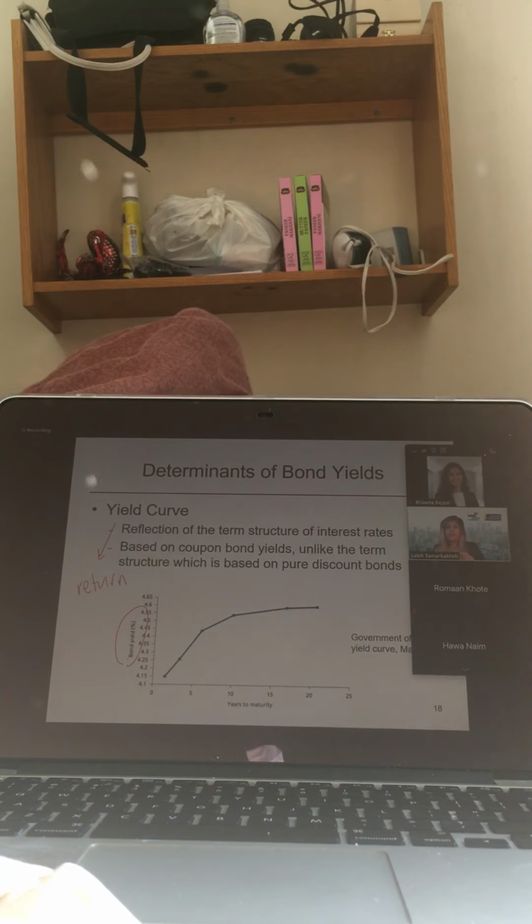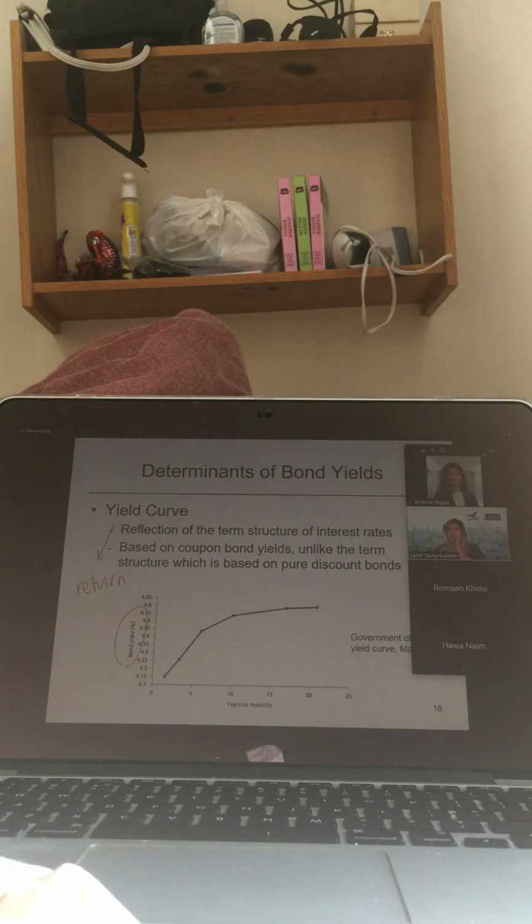Larger return. And that's what's happening in this graph. What it's telling me is that if you purchase longer maturity bonds, your return should be higher. As you lock your money for a longer period, you are entitled to a larger return.